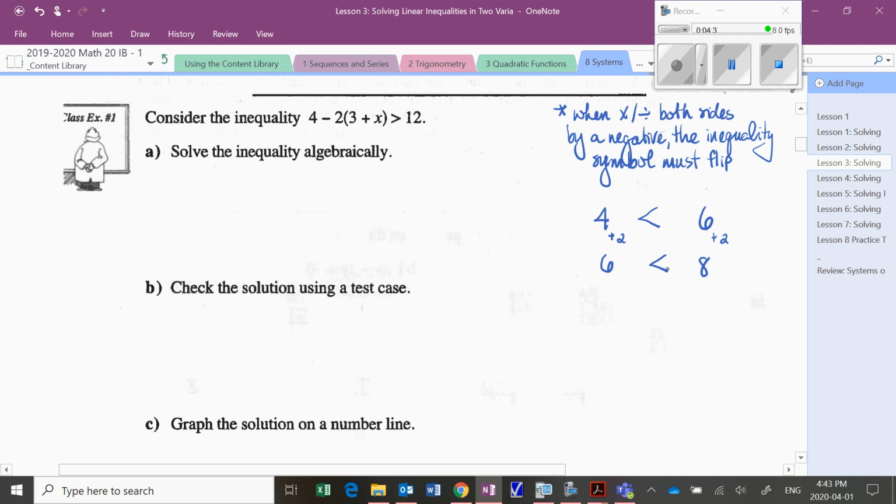So the left side is still less than the right side. If I multiply both sides by 3, then my new statement would be 18 is less than 24, also still true. And if I now subtract 6 from both sides, now I've got 12 is less than 18, still true.